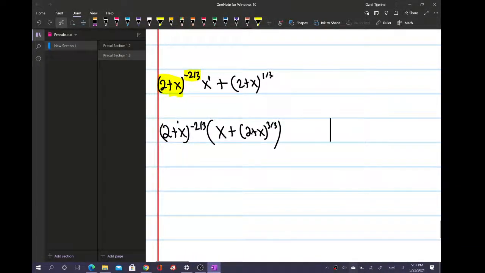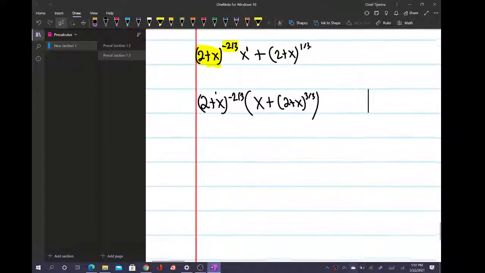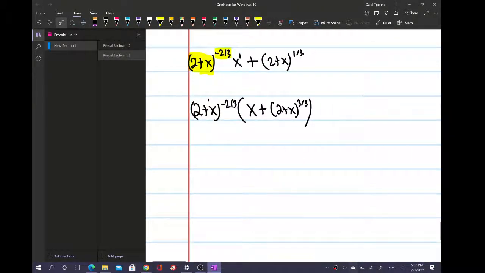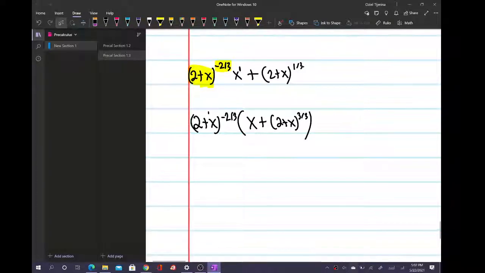Okay, so the way you can do this one now is, now that you factored the 2 plus x out of both of these terms, right? You factored out a 2 plus x. So look at this part here, specifically the right part of this. So this 2 plus x to the 3/3, right?